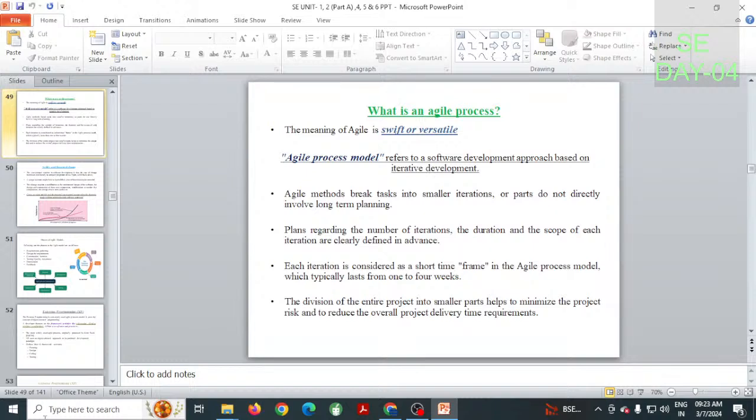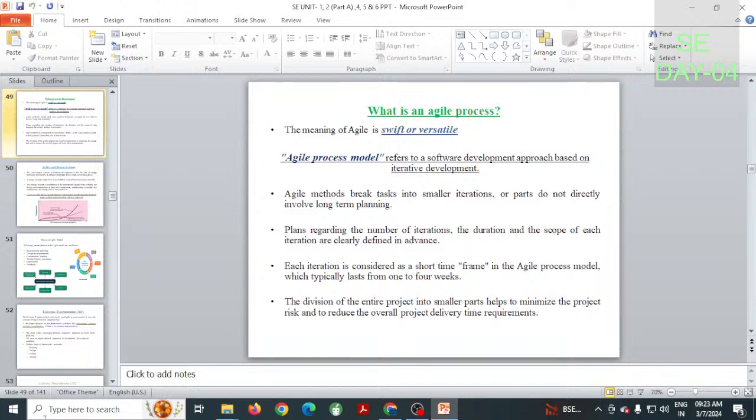Simply, we can say the agile process model refers to a software development approach, which we can call APM, that is completely based on iterative development.